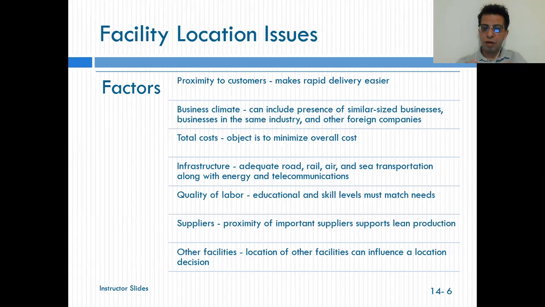Supplier proximity: important supplier support for lean production, and also the location of other facilities, can influence the location decision.